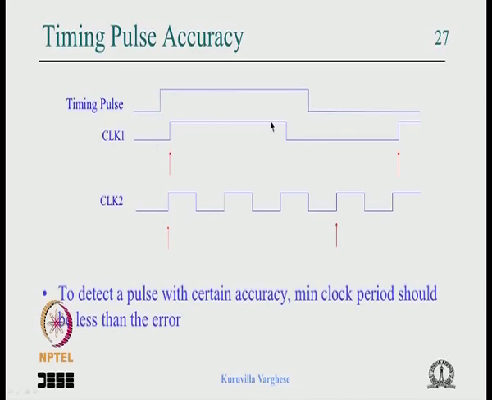Suppose we use a clock like this, it looks perfectly fine, because this clock edge earlier would have detected that it is 0. Then at this clock edge it is detecting that it is going to 1. Then at the next clock edge it is detecting that it has gone to 0. But our aim was to somehow capture this delay with certain accuracy.